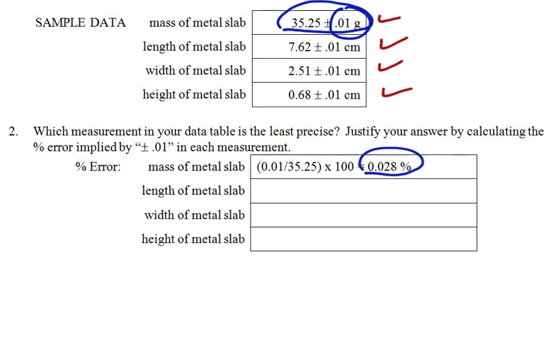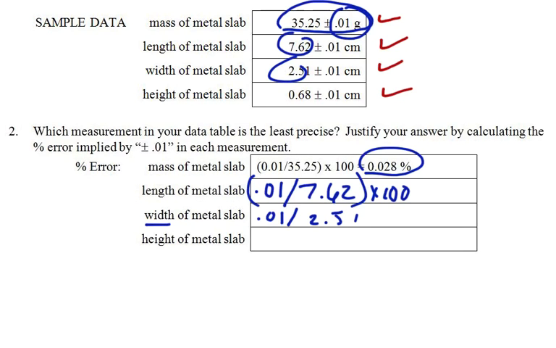Now we can try the same thing with the length: 0.01 centimeters over the total of 7.62 centimeters, times 100. And the same thing for the width: 0.01 divided by 2.51, and we're getting these values from up here, times 100.